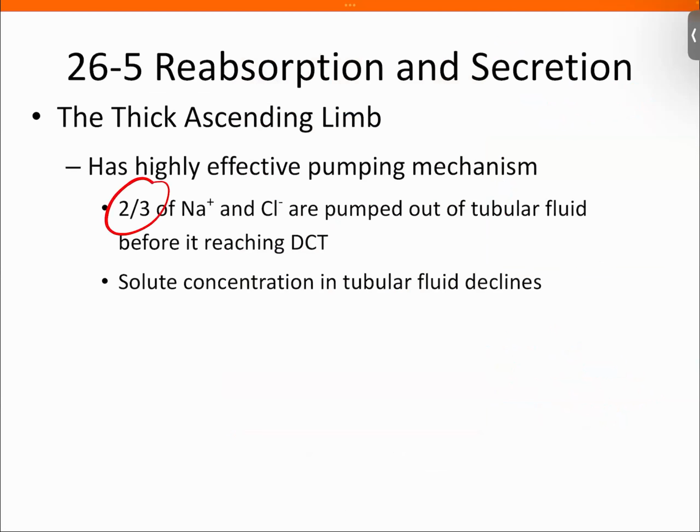You're getting about two-thirds of your sodium chloride pumped into the peritubular tissue for uptake before you even get to the distal convoluted tubule. By the way, what this means is that before we get to the aldosterone and ADH site of activity.